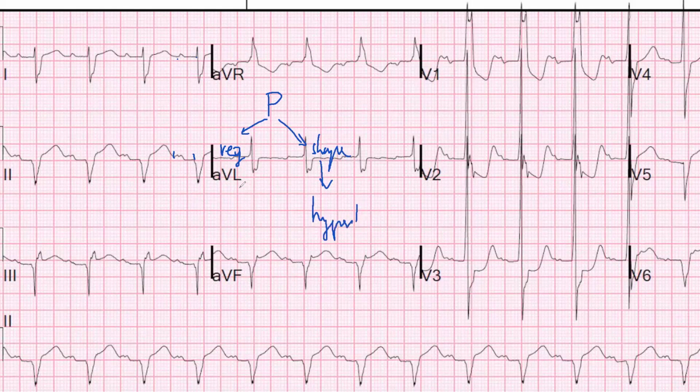Regularity can point to impulse formation abnormality or SA block. If you evaluate the connection between the P and the QRS, this is AV conduction, which can be AV block or pre-excitation.